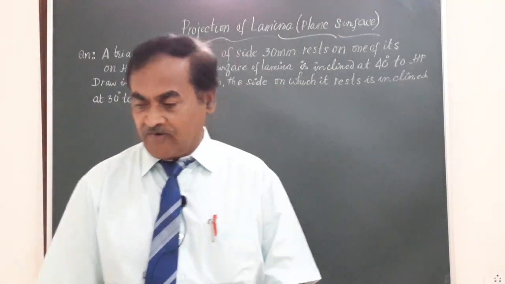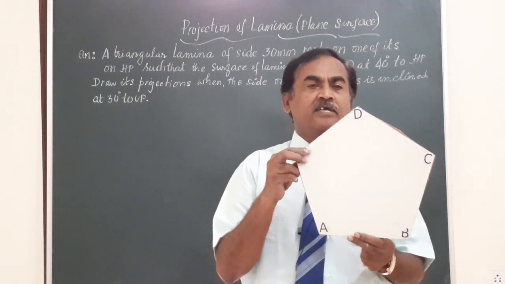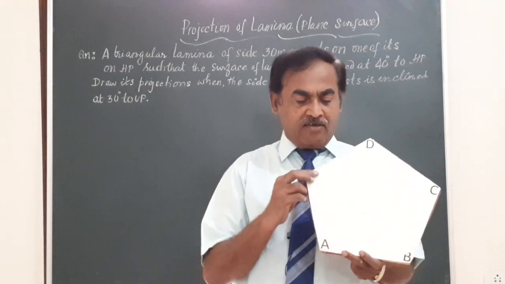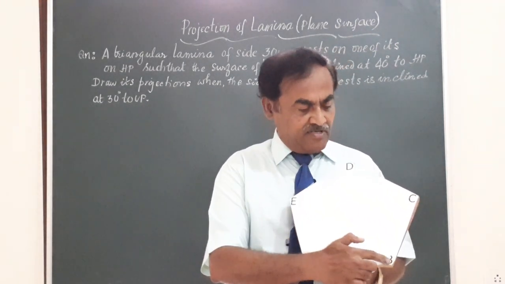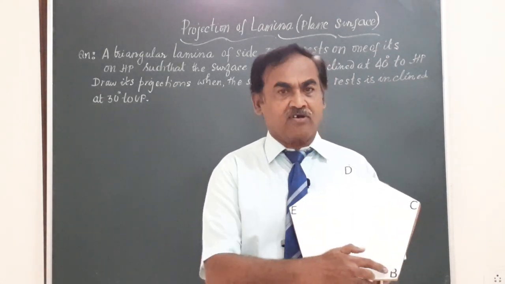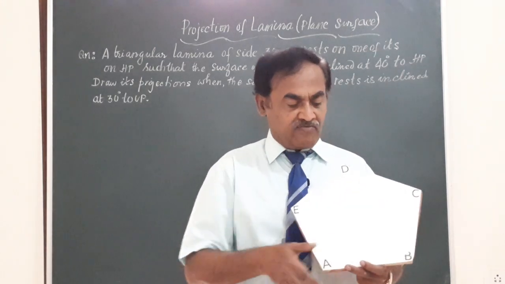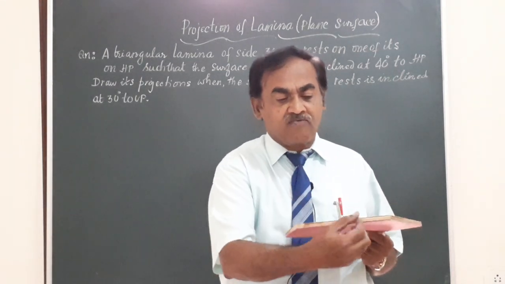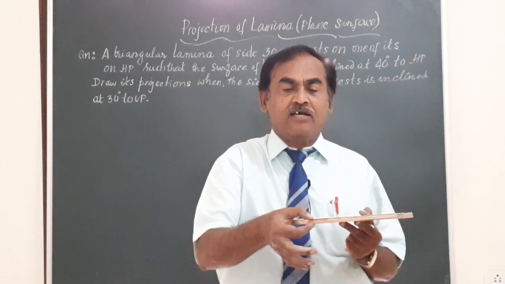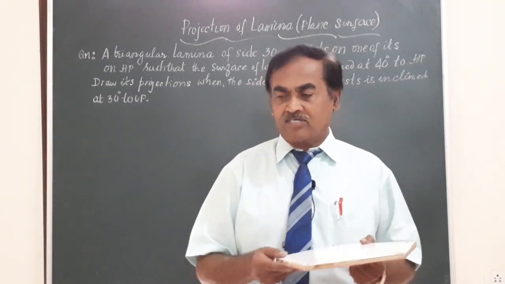For example, friends, this is a pentagonal plate having 5 sides A, B, B, C, C, D, D, E, and has 5 corners. The thickness of the lamina is negligible compared to its lateral dimensions.